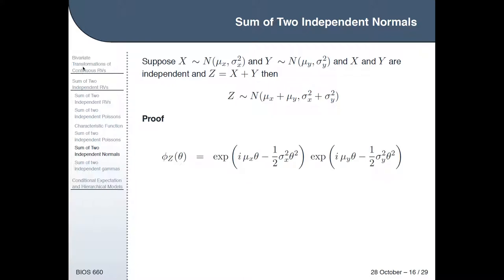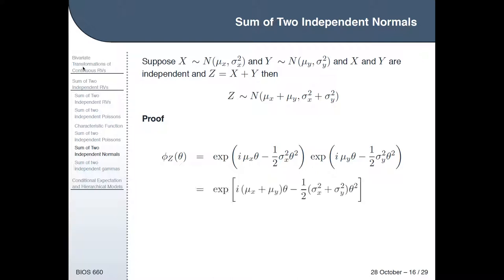Well, recall the characteristic function of x is just e to the i times mu x times theta minus sigma x squared times theta squared over 2.